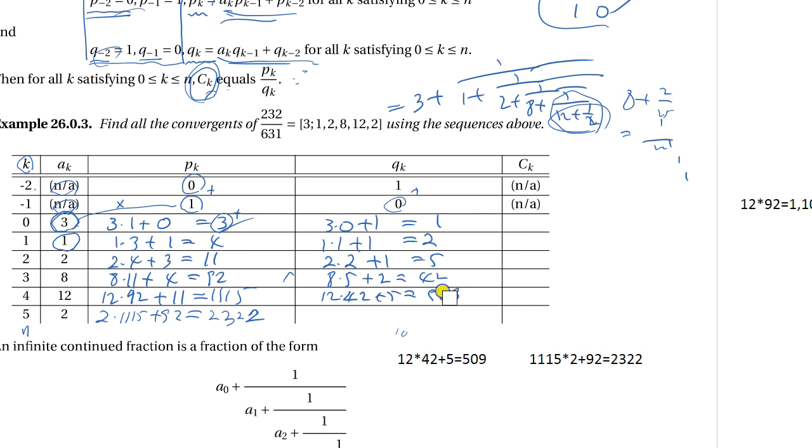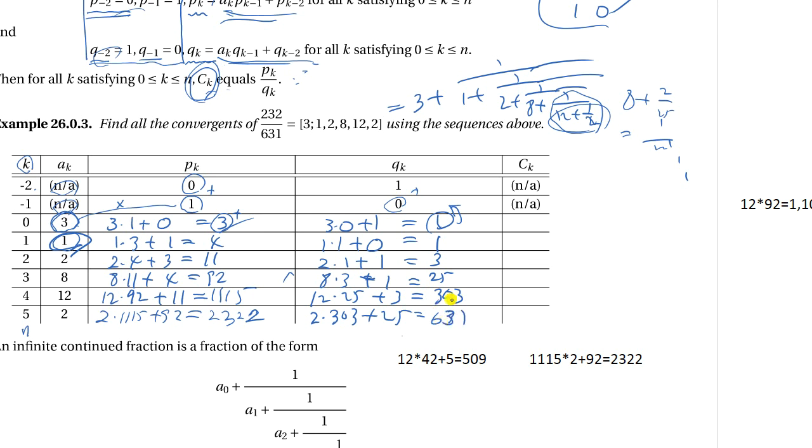Here, it's the one above, so it's not 1. When you multiply 1 and 1, I have to add the previous one, so it's still 1. And here, 2 times 1 plus 1, so now we got 3. And 8 times 3 plus 1 is 25. And 12 times 25 plus 3 becomes 303. And 2 times 303 plus 25 is 631.